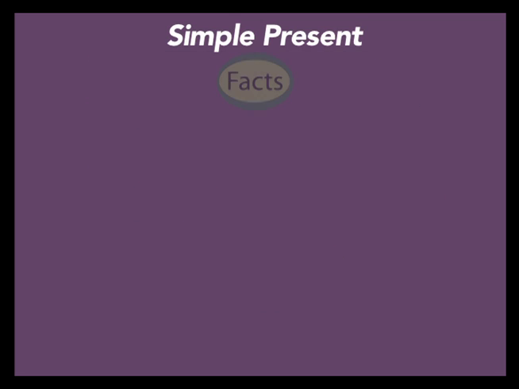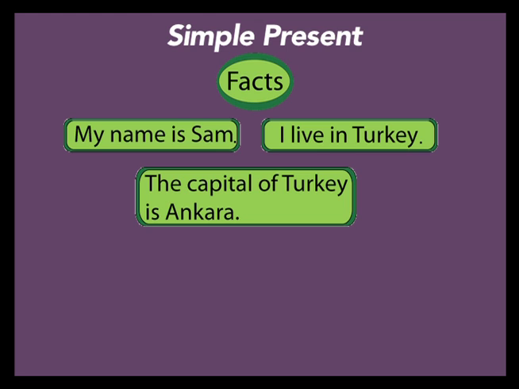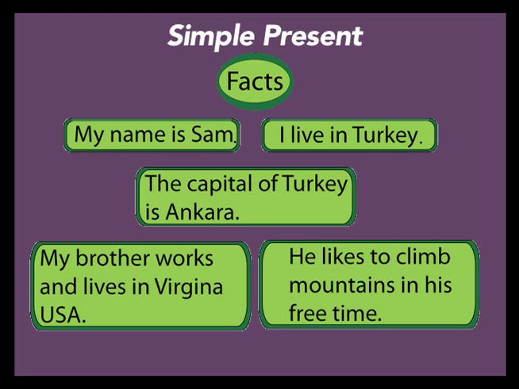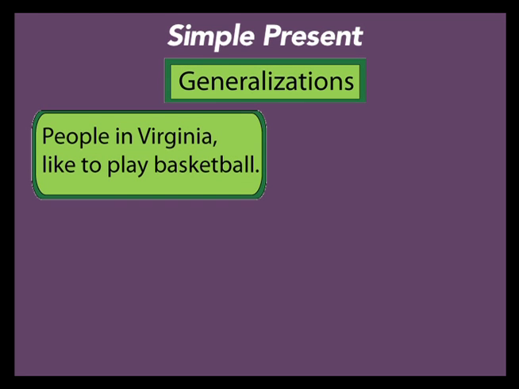Here are some facts. My name is Sam. I live in Turkey. The capital of Turkey is Ankara. My brother works and lives in Virginia, USA. He likes to climb mountains in his free time. Here are some generalizations. People in Virginia like to play basketball.